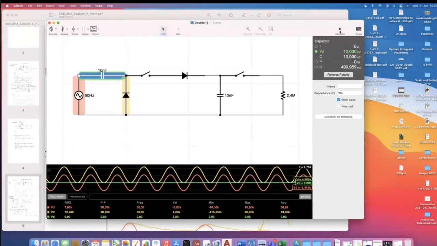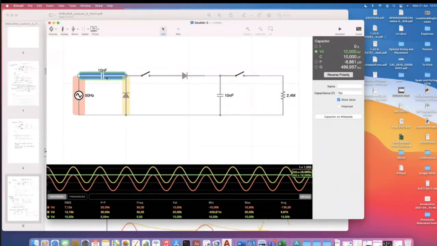When that capacitor is charged, it can't discharge anywhere, so it basically offsets this waveform. If you think about it logically, you've got your red there and Kirchhoff's voltage law: the point here should be the sum of that plus the sum of that. So that makes sense. It's an offset AC waveform.